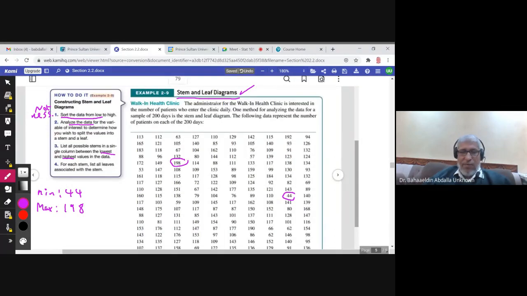So we have to divide each measurement into two parts, part for stem and part for the leaf. It is easier to deal with it like this. You can choose always the first digit to the right to be the leaf, and the remaining digits to the left will be the stems.